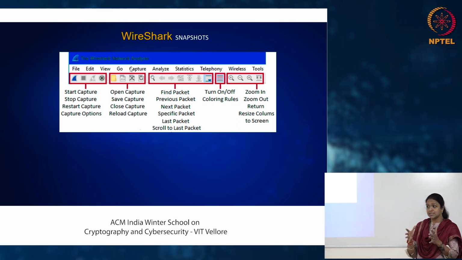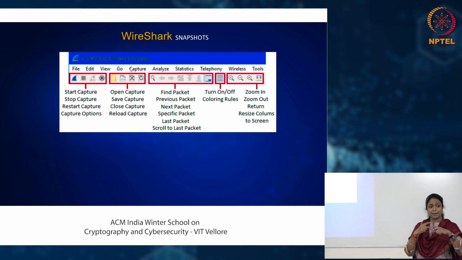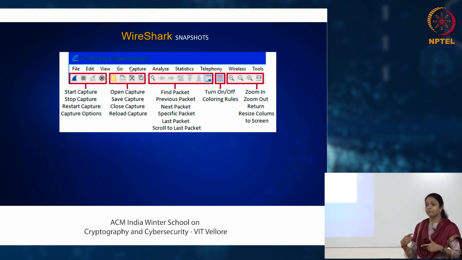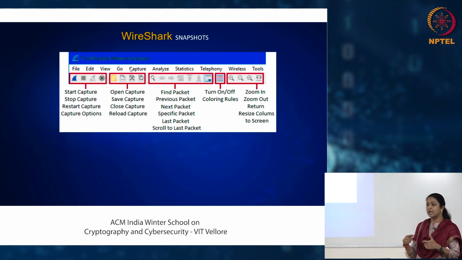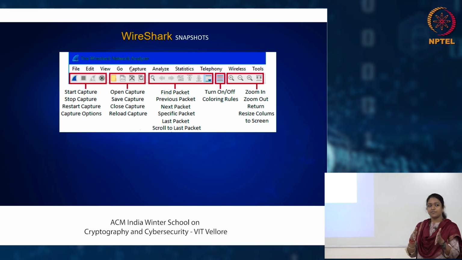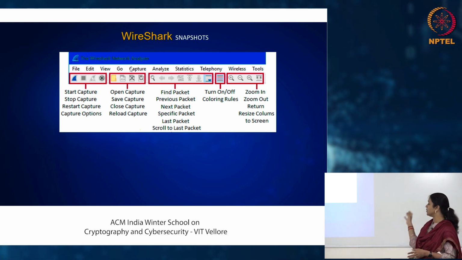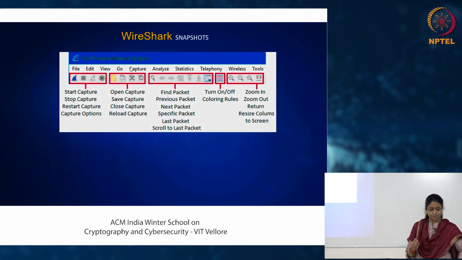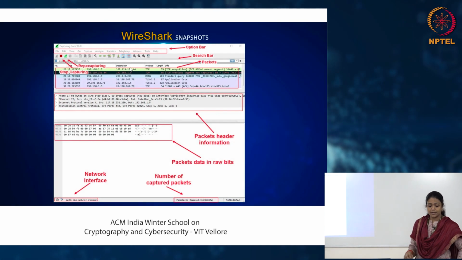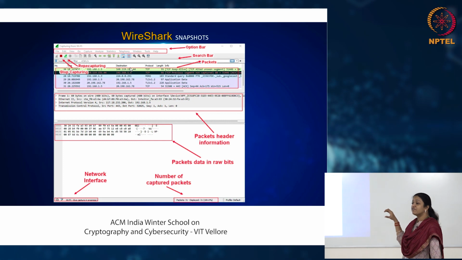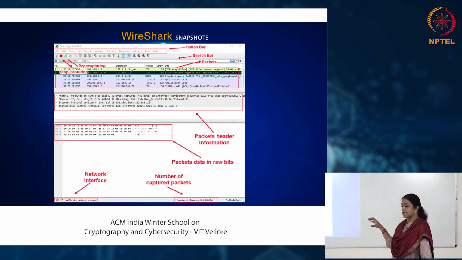If some DoS attack is happening, with complete flooding of data, all the packets turn red. Those coloring options help us identify what is happening inside the packets, and we can also zoom. These are all the options in the bar, and there are different panels inside it.